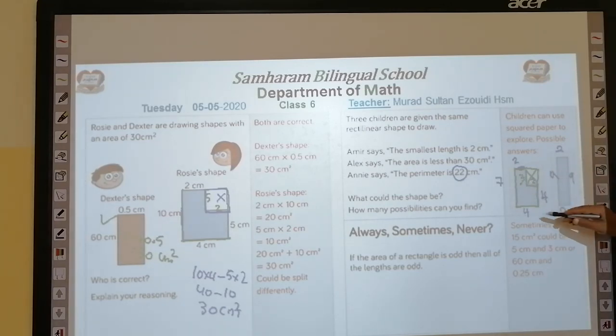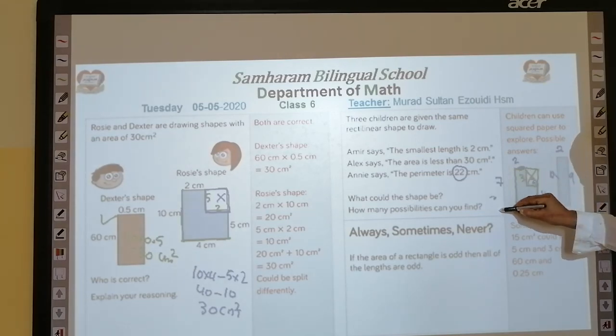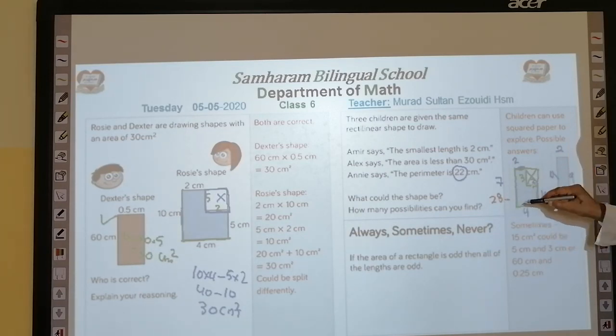This is 4. 2 plus 2 gives 4. Correct. So the area of this is what? The area is 7 multiplied by 4, which is 28, minus 3 by 2 which is 6. It will be 22. So the area here is equal to the perimeter.